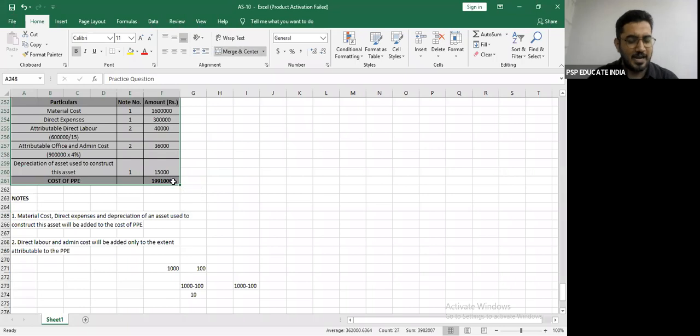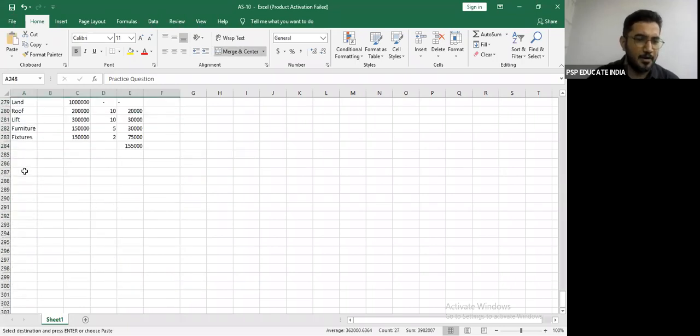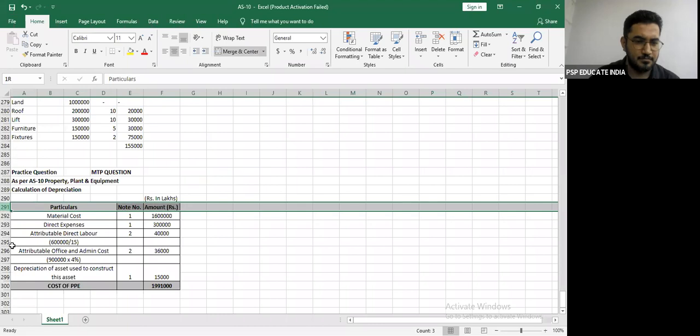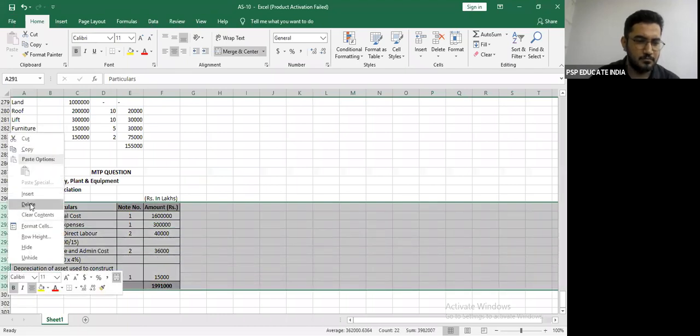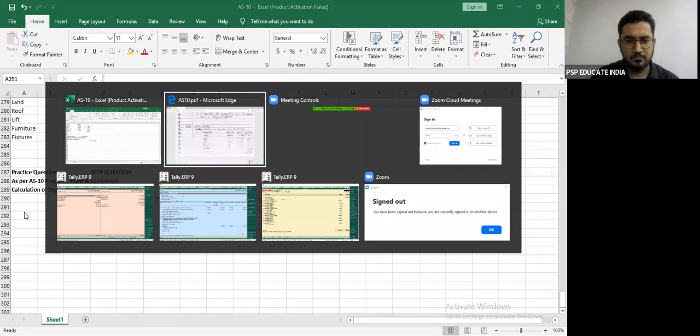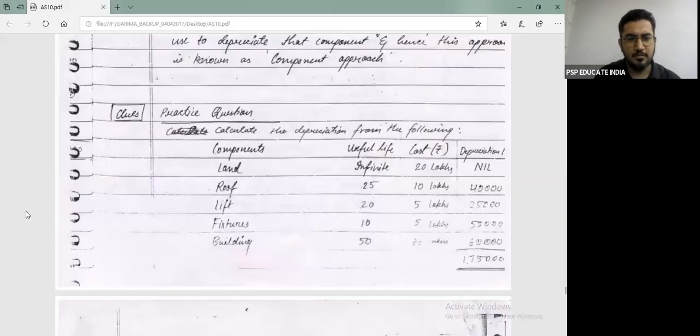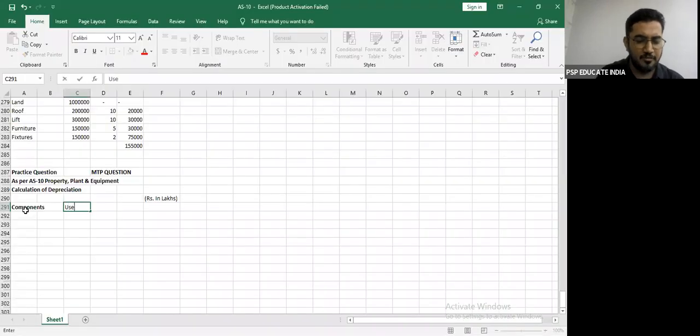As per accounting standard 10, property, plant and equipment, calculation of depreciation. You have components, useful life, cost, depreciation.